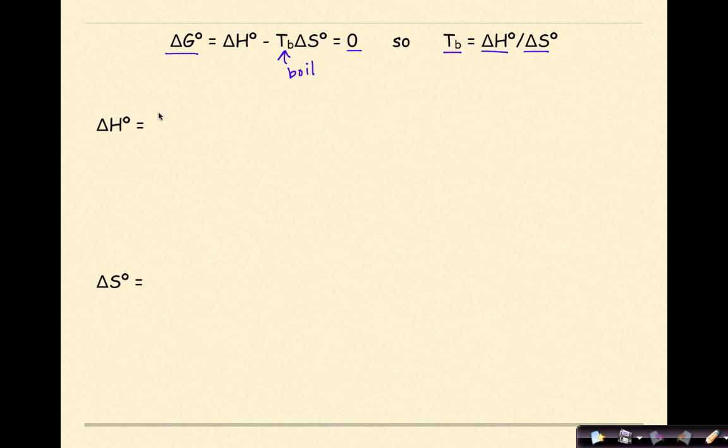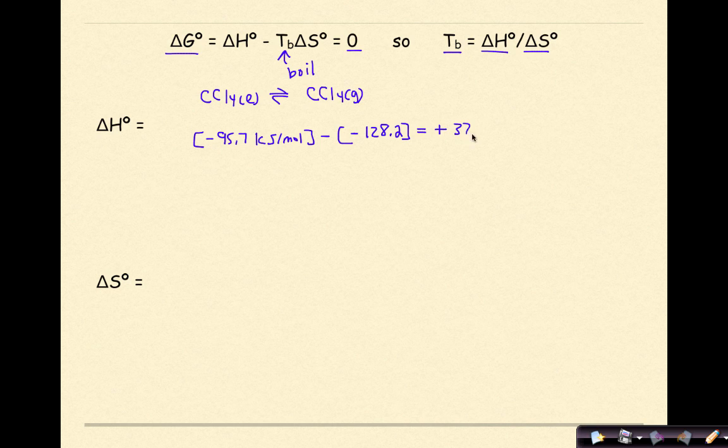So if I went to my standard state table, I can say, all right, I know that I have this formula CCl4 as a liquid, a reversible reaction, CCl4 as a gas, and I can look up the values of delta H at standard state for this, and this is going to be negative 95.7 kilojoules per mole minus negative 128.2, and that is going to equal a positive 32.5 kilojoules per mole.